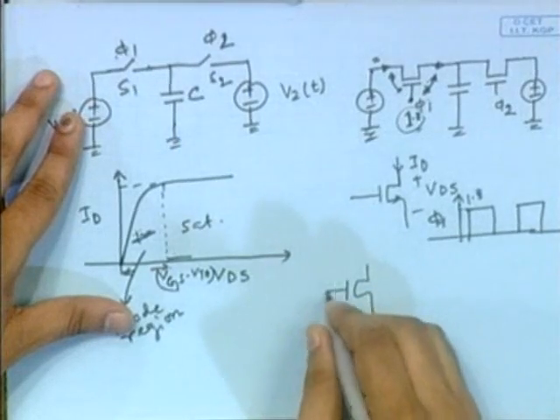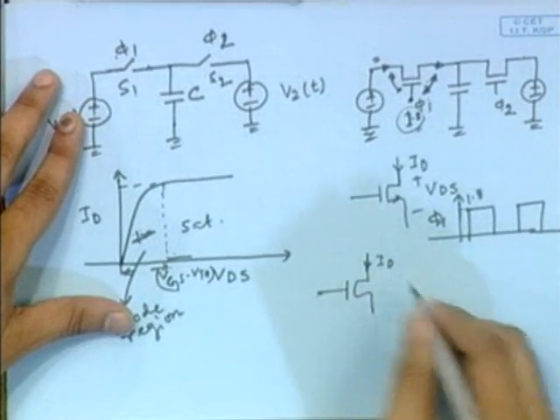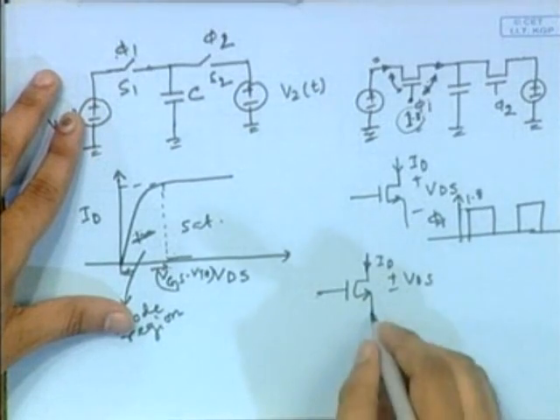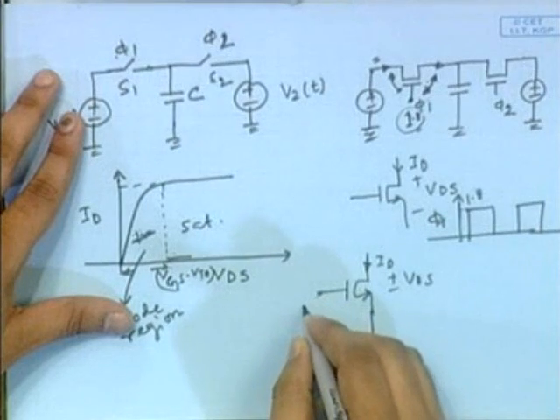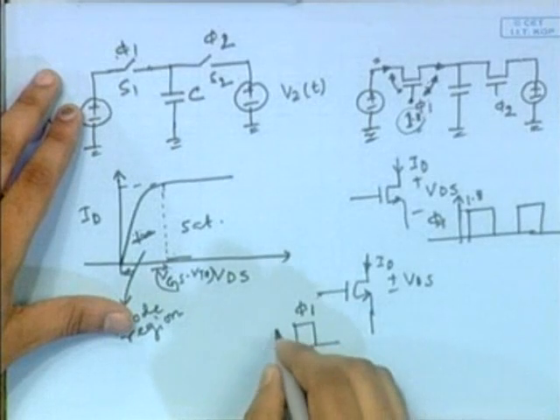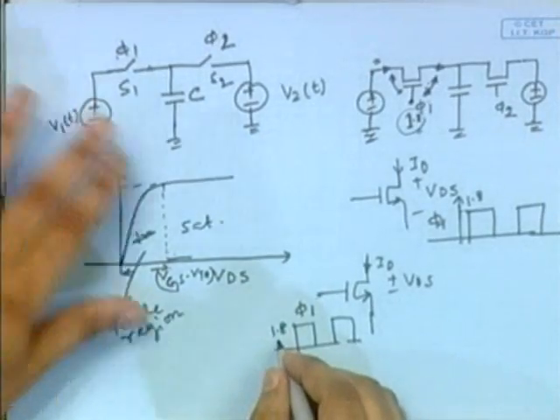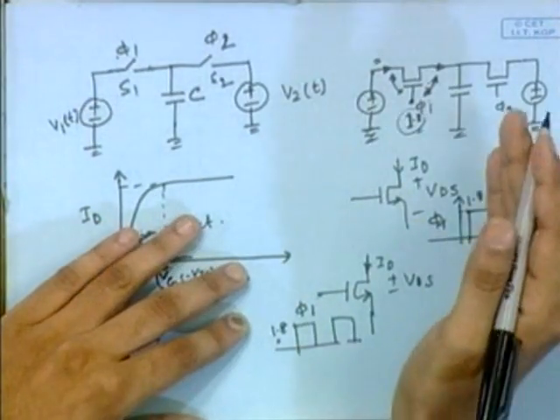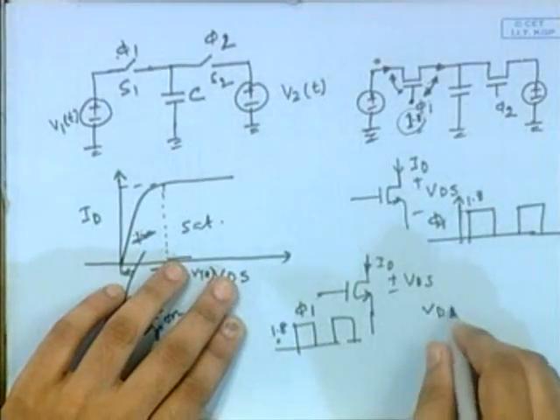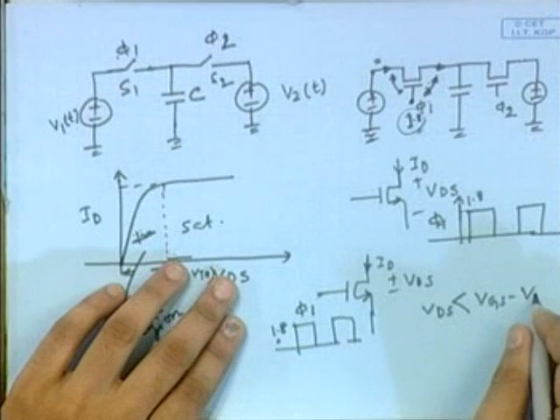Here this is ID, and for example this is the NMOS, VDS. Here I have applied the phi 1 pulse. Either it will be 1.8 or 0, and 1.8 is the maximum voltage. If it is within the triode region, the condition is that VDS should be less than VGS minus V threshold.